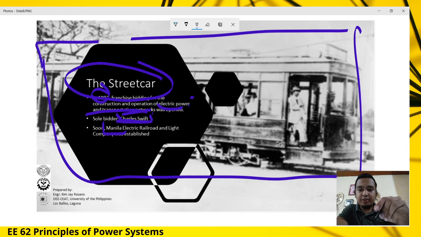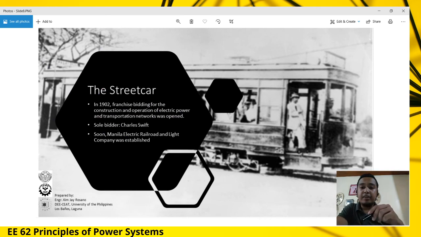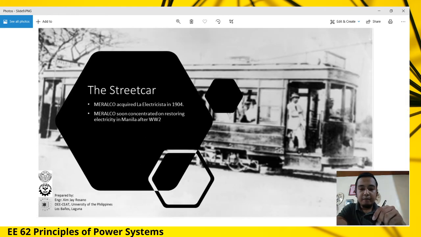Actually hindi pa siya Meralco noon, but they bid for franchise ng construction and operation ng electric power and transportation. Actually, their main focus before is transportation, hence yung ating electric streetcar. And then, they acquired La Electricista in 1904 and they concentrated on restoring power in Manila after World War II.